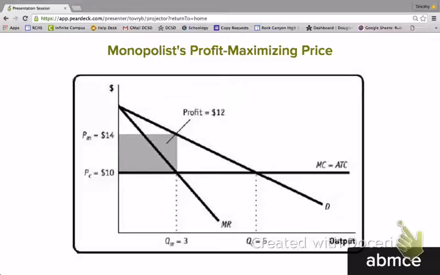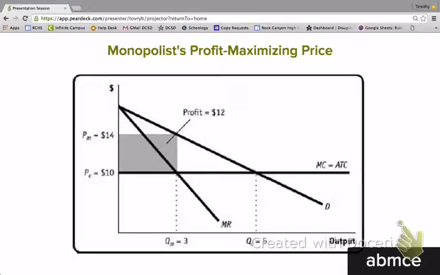But what price do they charge? Well, here's where the demand curve is extremely useful. The demand curve tells the monopolist what price needs to be charged to sell 3 units. In this case, if you go up to the demand curve, where marginal revenue equals marginal cost, you can see that consumers are willing to pay not $10, but $14 for 3 units.